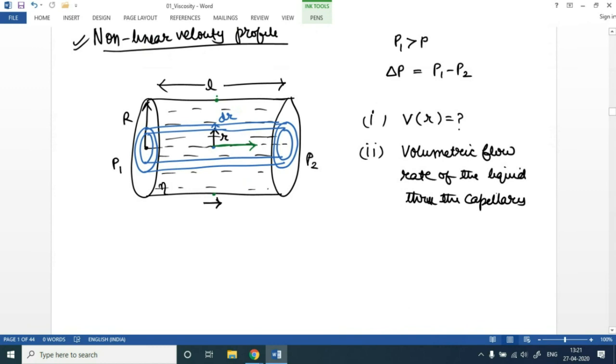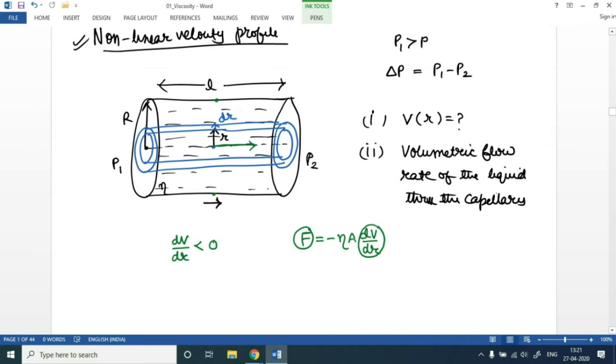So you must realize that dV by dr is nothing but a negative quantity, and in the expression F is equal to minus eta A times dV by dy, or here dV by dr, you must realize that the direction of F is opposite of dV by dr. That is what this minus sign indicates.